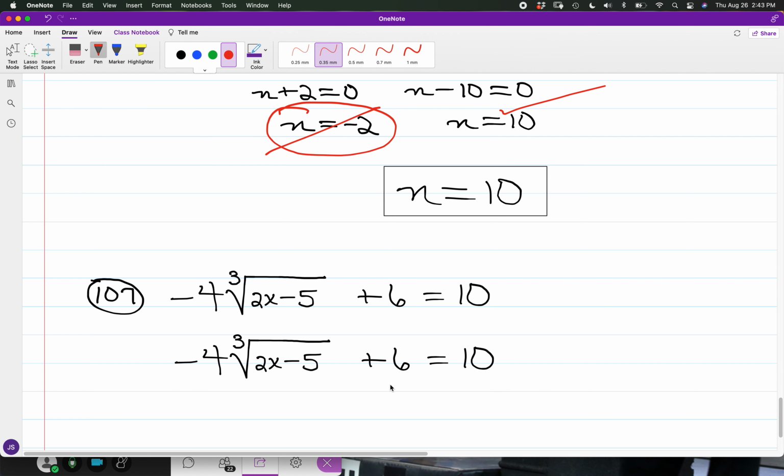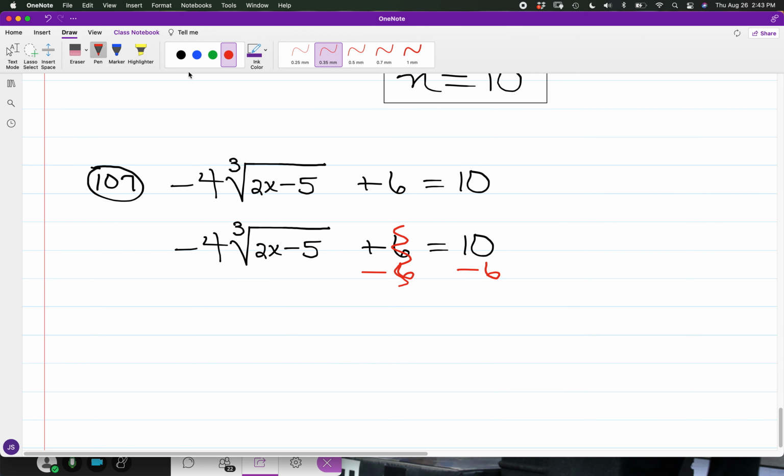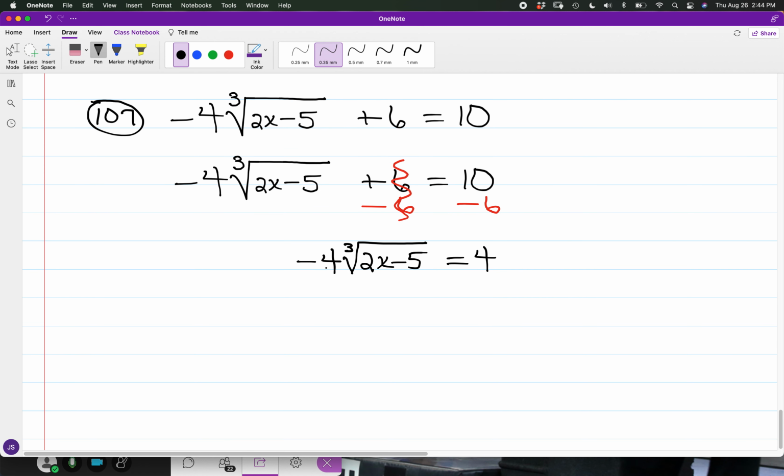And so for what we have here, I can undo the presence of the addition of 6. So I can subtract this. Now we have -4 times the cubic root 2x minus 5 is equal to 4, and I can divide by -4.